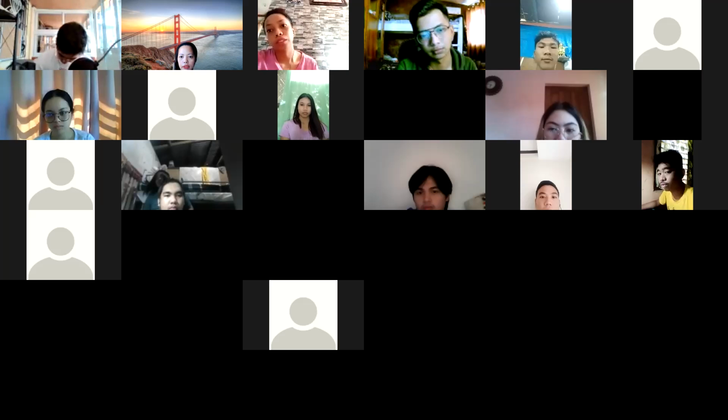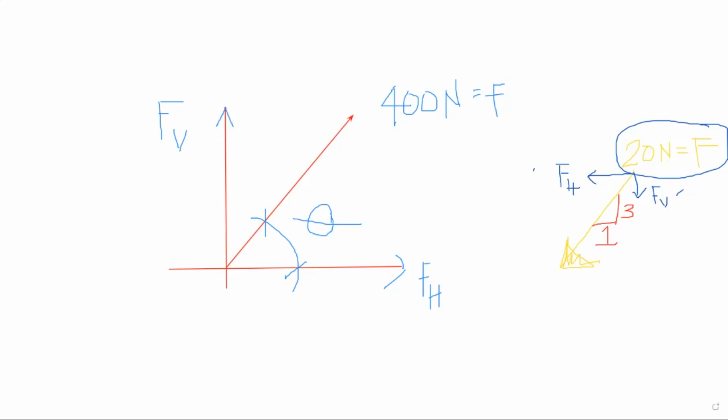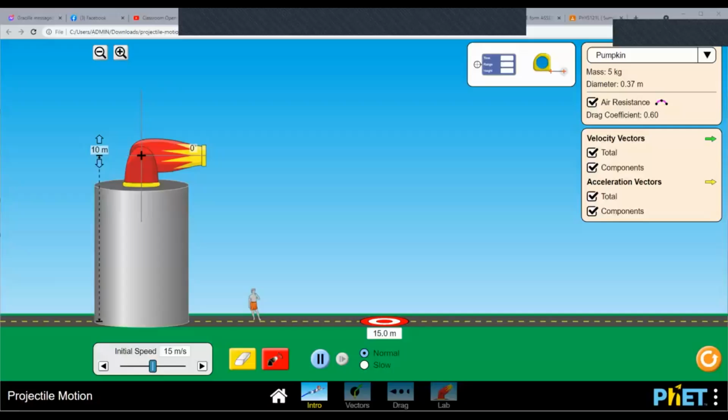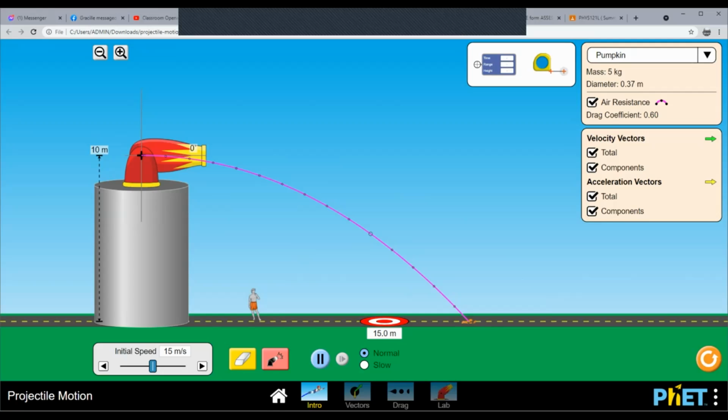So now let's try this one. So we've got a pumpkin here. The initial speed, that would happen. That's what we mean by projectile.